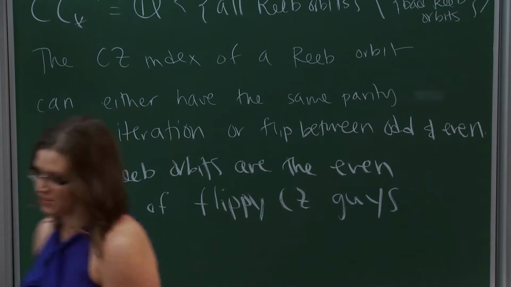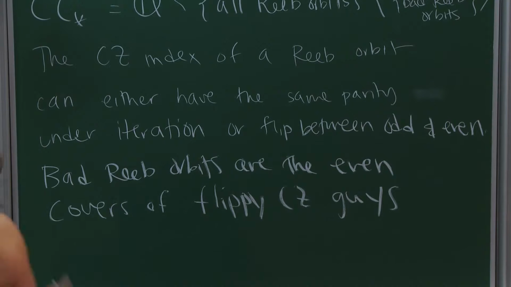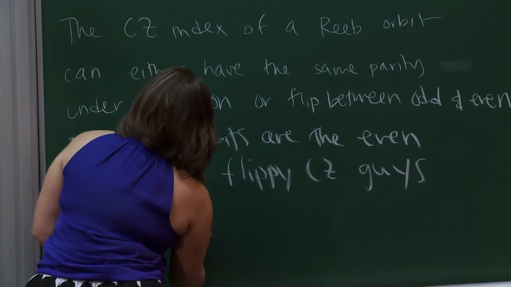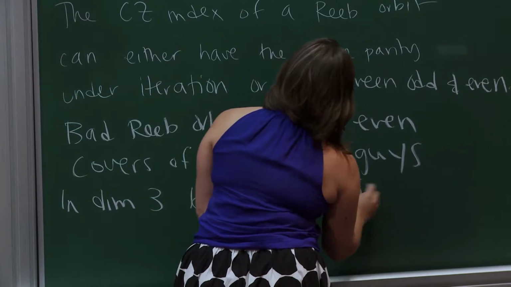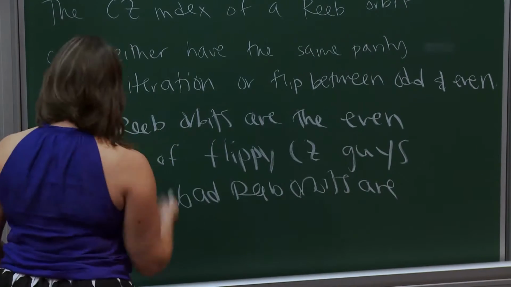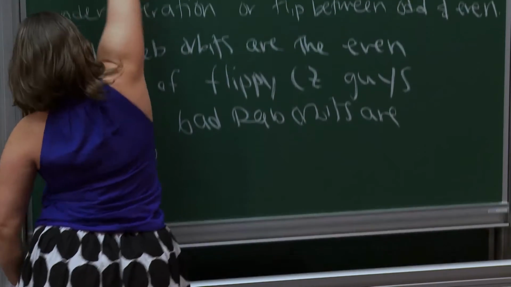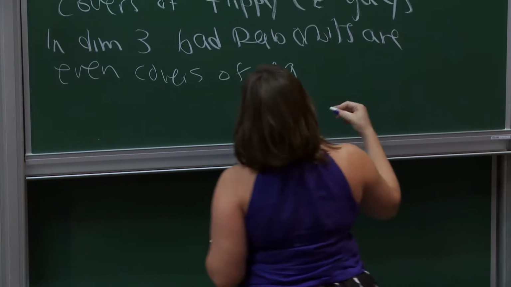Okay, and if you want the real definition, or an example, in dimension 3, bad Rabe orbits are even multiple covers of negative hyperbolic guys.